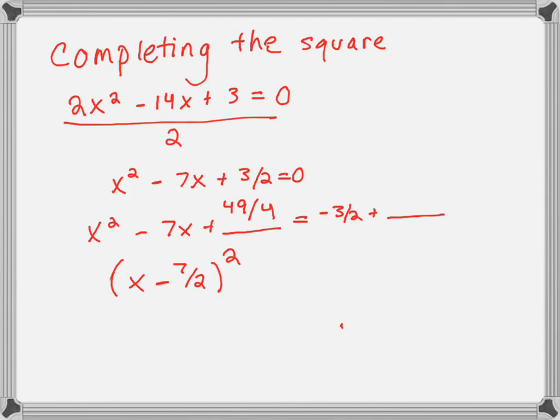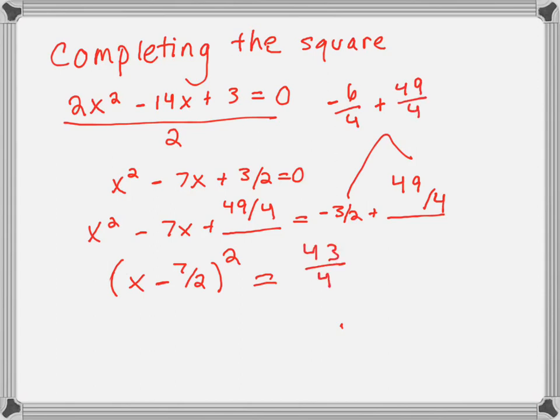And this way we can just add it to the other side easily. So I just keep it as plus 49 fourths. Okay, now when we add this to the other side, I like to combine these two, making this minus 6 fourths plus 49 fourths. So we have a similar denominator, so it's really easy to combine. And then this just becomes 43 fourths.